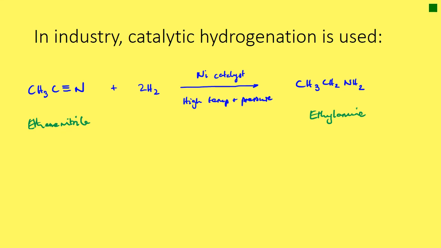Adding hydrogen gas is much cheaper, but you need a catalyst. In this case it's a nickel catalyst. And you also need high temperature and pressure. Okay, so under those reaction conditions you get your ethylamine, and you get it a bit cheaper.